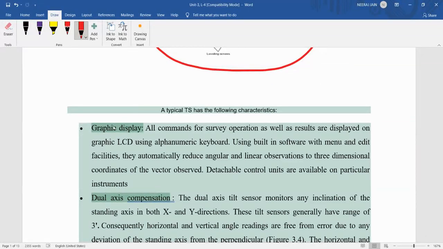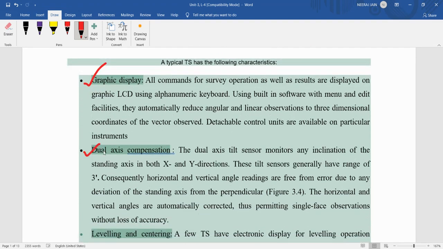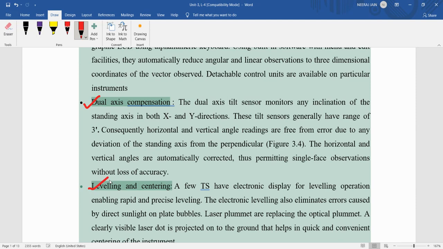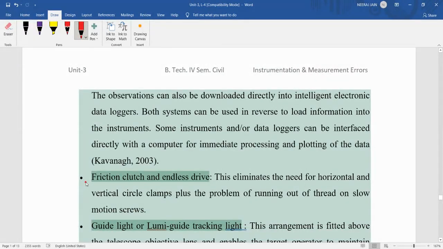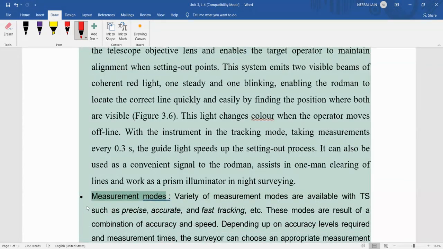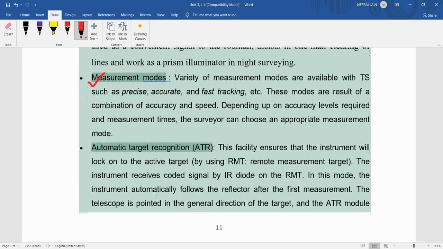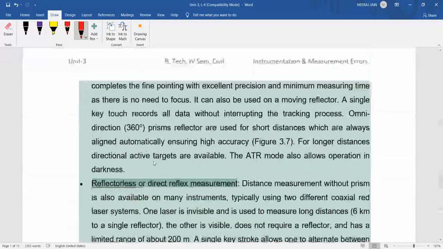These are some features: it contains a graphic display, dual axis compensation, labeling, and storage facility. Friction clutch and endless drive are also available. Guide light or tracking light is also available. And in measurement modes, there can be automatic target recognition.